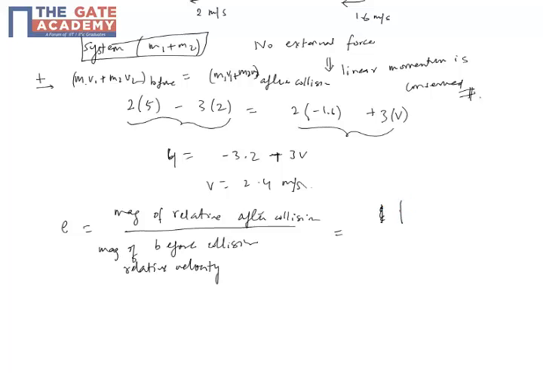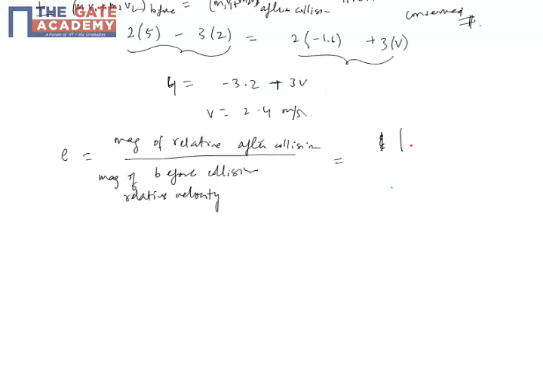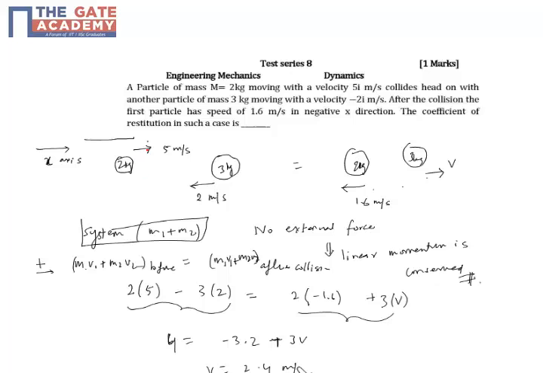So for the relative velocity, we got 2.4 towards the right and 1.6 towards the left. So they add, 2.4 plus 1.6, mod, and here it's 5 towards the right and 2 towards the left, so the relative velocity will be 7 in this direction.